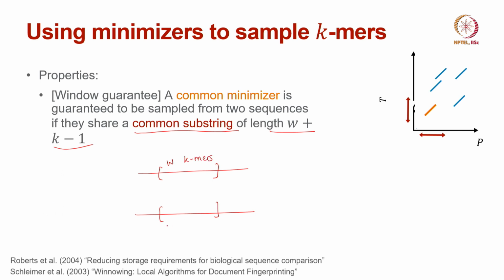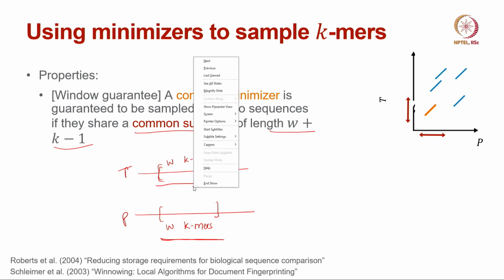The w k-mers that are present in these 2 windows are equal, and because these k-mers are equal, the minimum value that I am going to select on the sliding window present here and the sliding window present here is going to be equal. Therefore, the minimum value that will be selected is also equal. Therefore, it is guaranteed that we will have a common minimizer selected in this region.